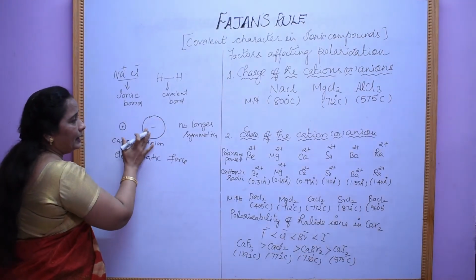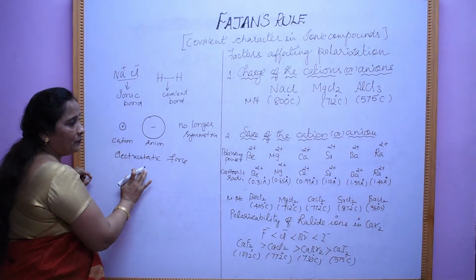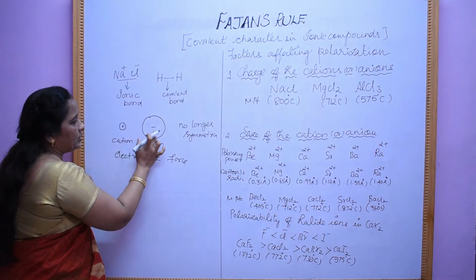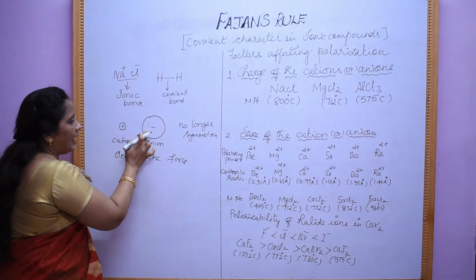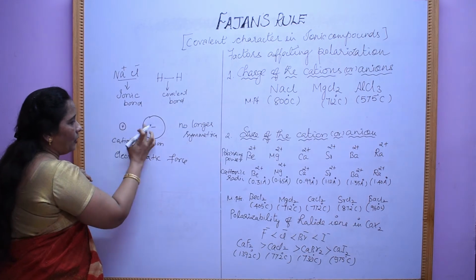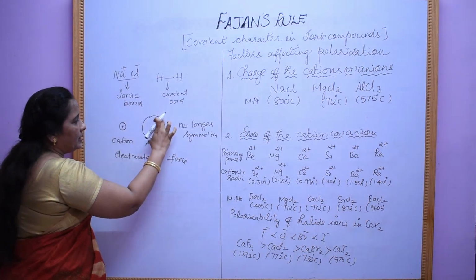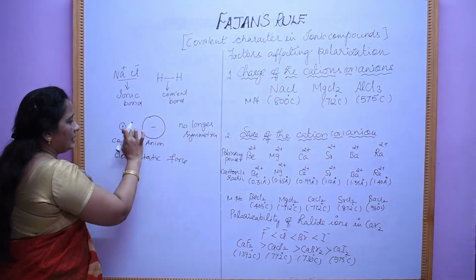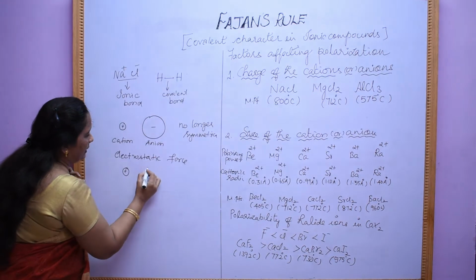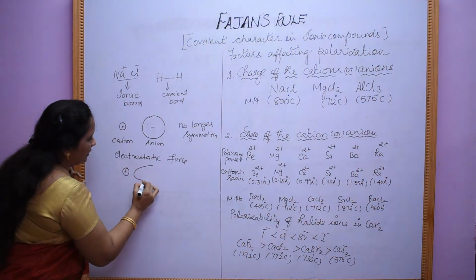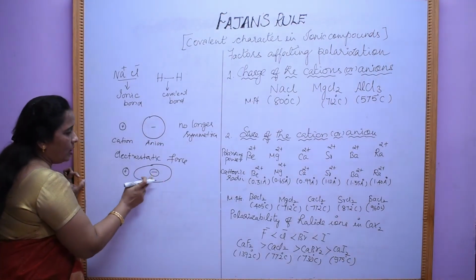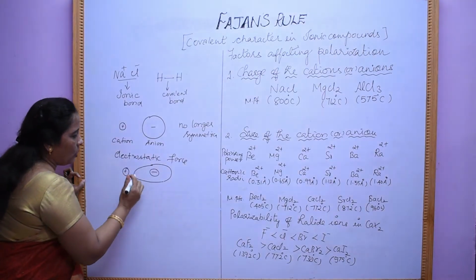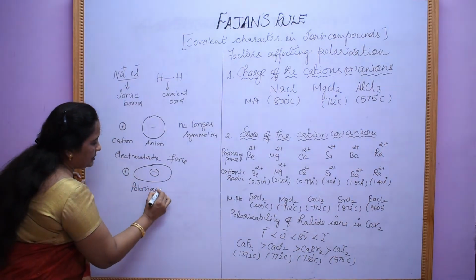This electron cloud is symmetrical in nature, but because of these combined attractive and repulsive forces, the electron cloud of the anion is no longer symmetrical. It is attracted towards the cation, and because of this attraction, the symmetrical nature of the electron cloud is disturbed and it is bulged or extended towards the positive cation. This process is called polarization.